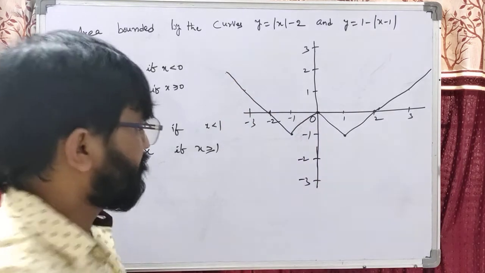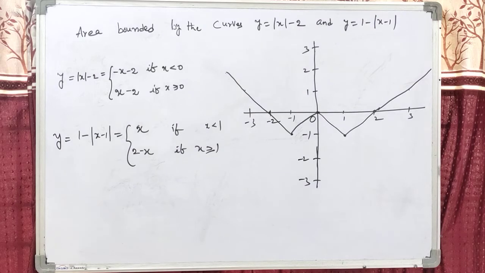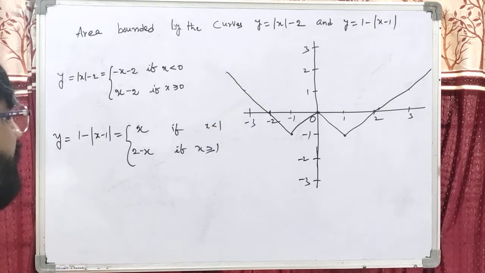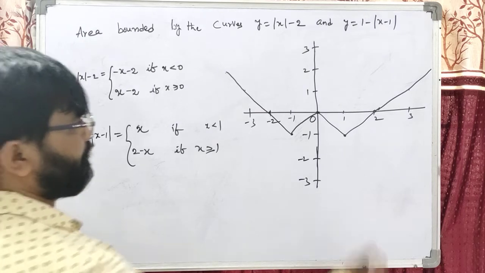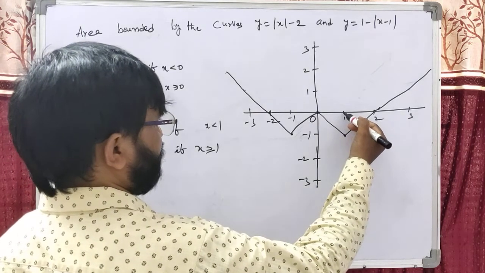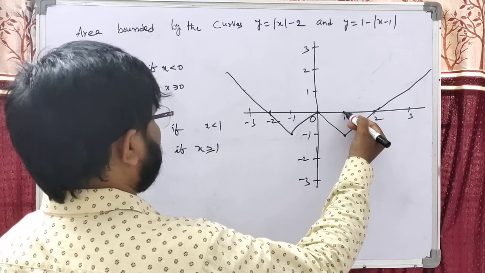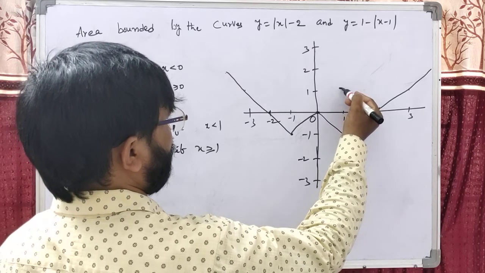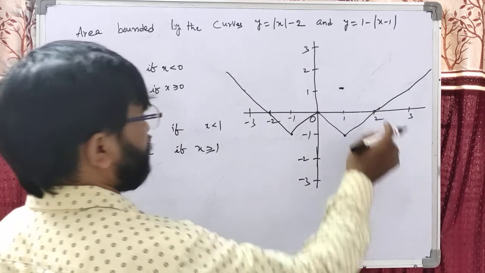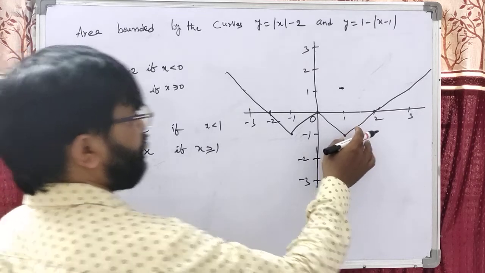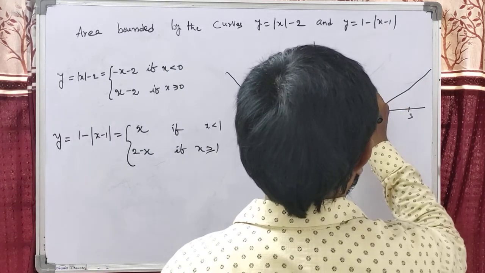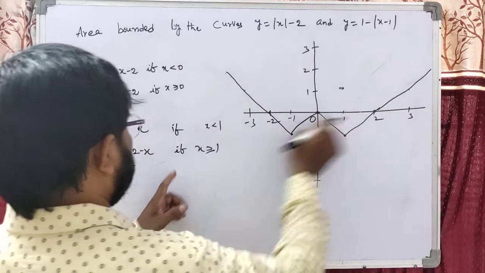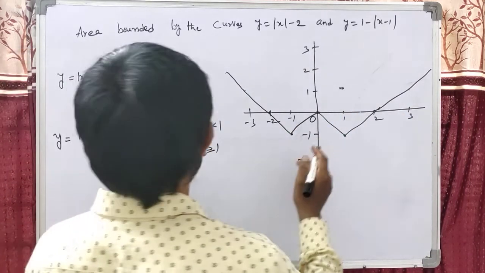Okay, yes. Now students, when x is less than 1, suppose we take only 1. This is the graph of y equals, what is the graph? This is when x is greater than or equal to 1, students.